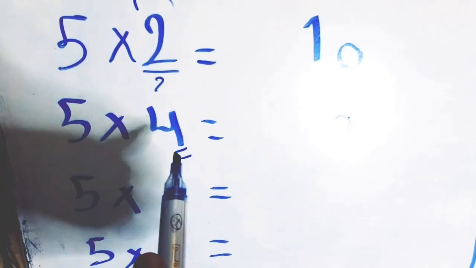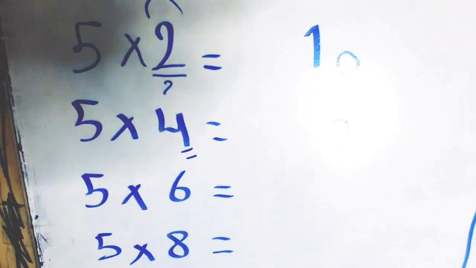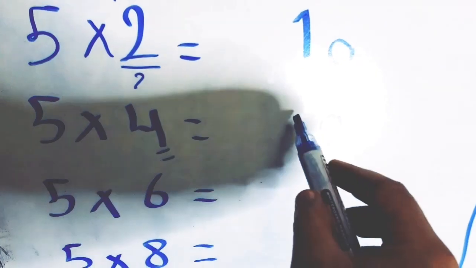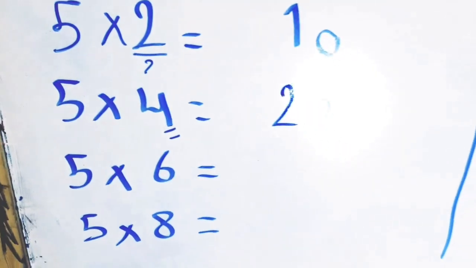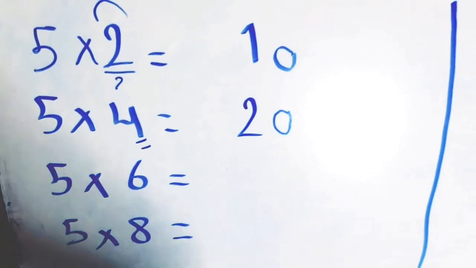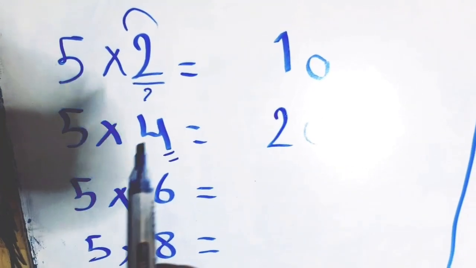Of course, it's an even number. We have here 4. We divide 4 by 2, so 4 divided by 2 equals 2. So we have 20. 20 is the multiplication product of 5 times 4.